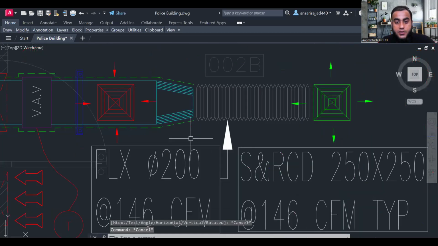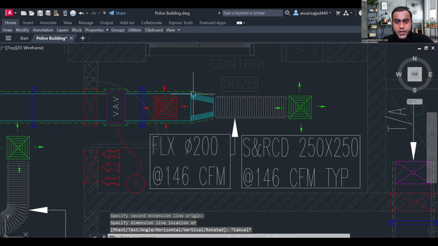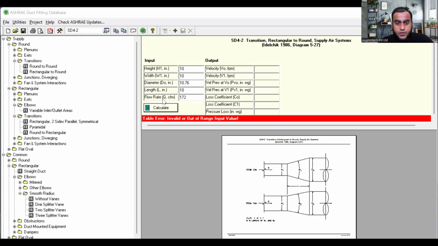12 inch here. It is 250. Okay, so it is also correct. In inches 10. So what have we not done here, correct? 250 mm means 10 inch only, na? Length also we have entered the same. But they are showing table error, invalid or out of range input value. Why?